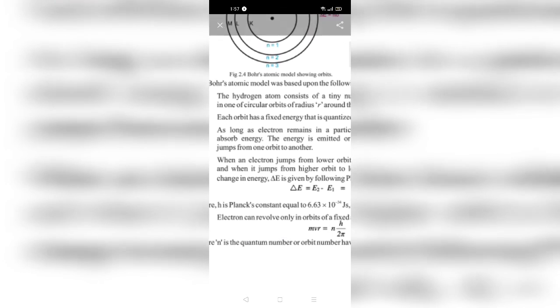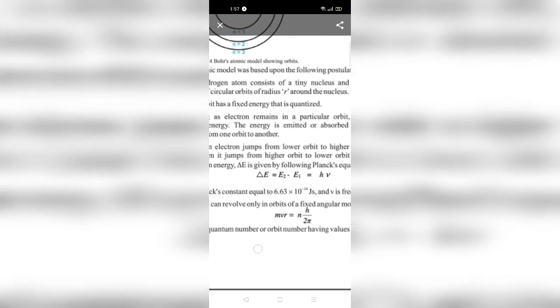So when an electron jumps from a lower orbit to a higher orbit, it absorbs energy, and when it jumps from a higher orbit to a lower orbit, it radiates energy.